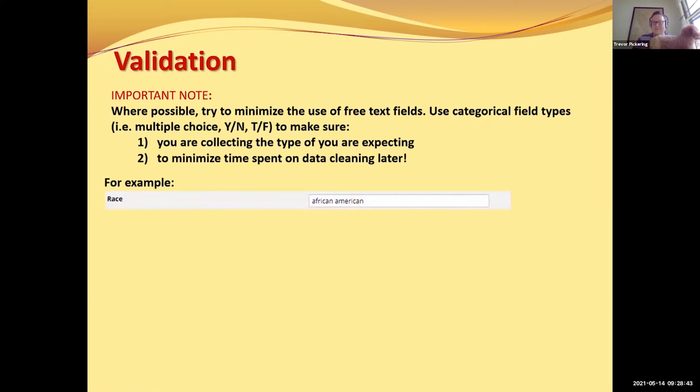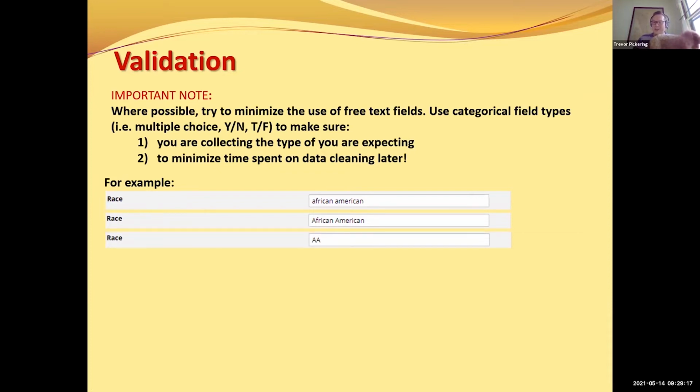So for example, if the participant's race is going to be recorded, let's say that they're African American, whoever's inputting the data could input this particular text for African American. The problem with having free text is, what if they put that in all lowercase? It's the same letters, except now it's not capitalized, and during data processing later, these appear as two different categories for us when we're analyzing data.